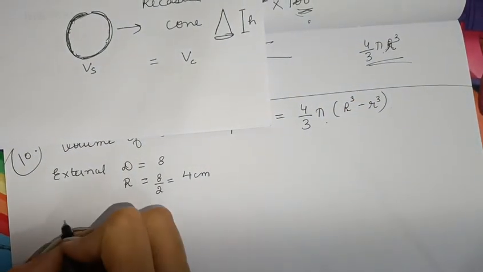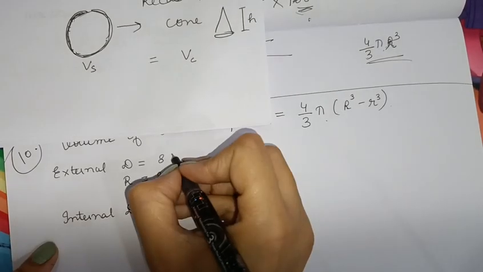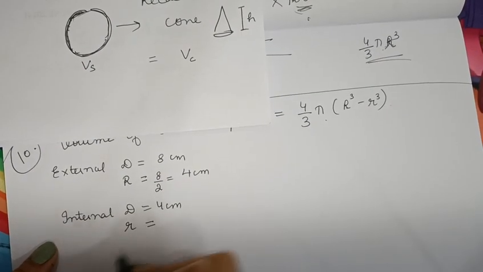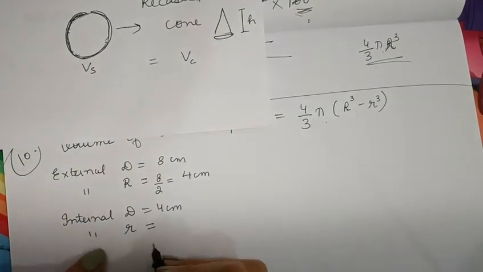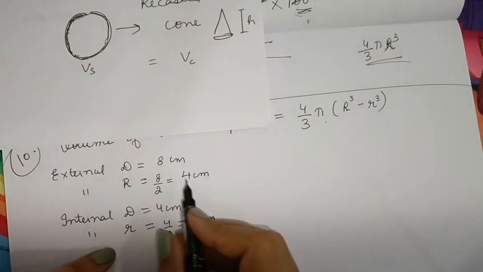And same way internal diameter is given to us. Internal diameter is equals to 4 centimeter. So with small r, internal radius, 4 by 2 is equals to 2 centimeter.